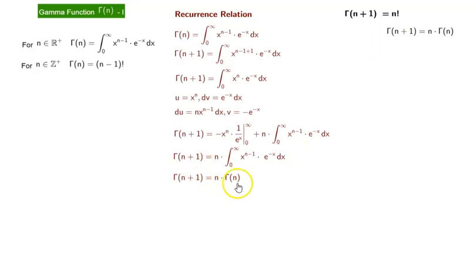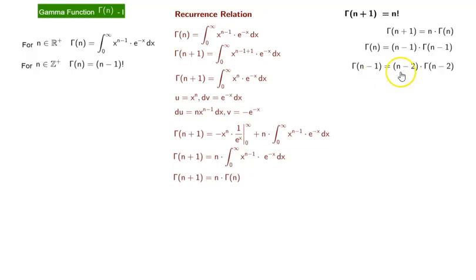Using this identity, gamma of n plus 1 is equal to n times gamma of n. Now, to evaluate gamma of n plus 1, we require gamma of n. So gamma of n is equal to n minus 1 times gamma of n minus 1. But now we require gamma of n minus 1.